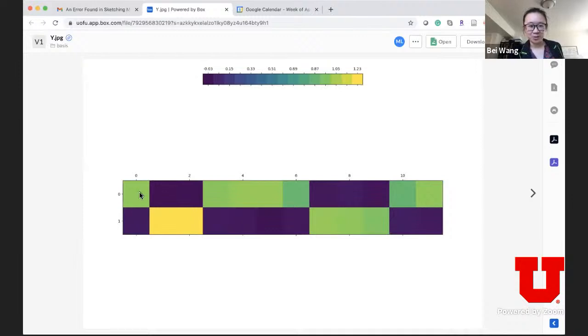So this is the right order, meaning that the first basis tree is tree 4 and the second basis tree should be tree 7, not the other way around. All right, so let's get back to the slides itself.